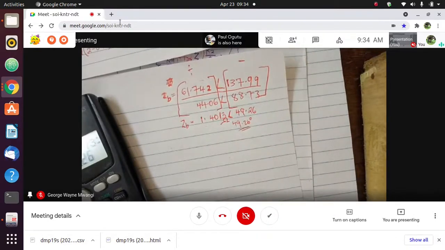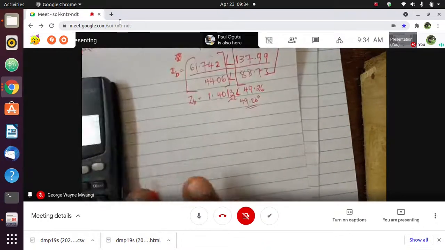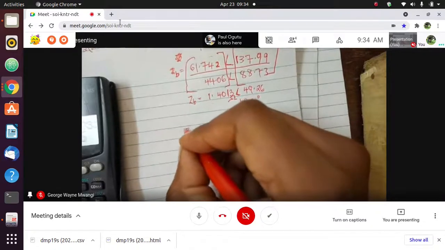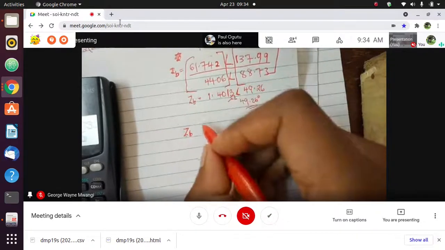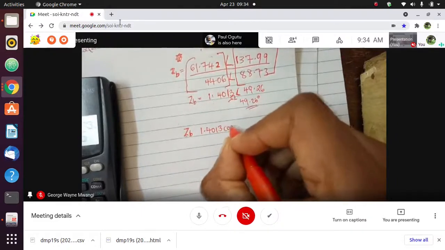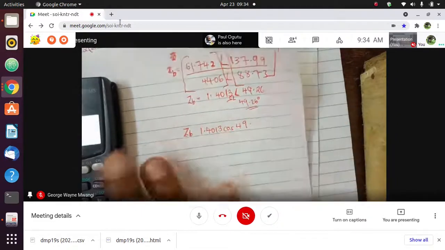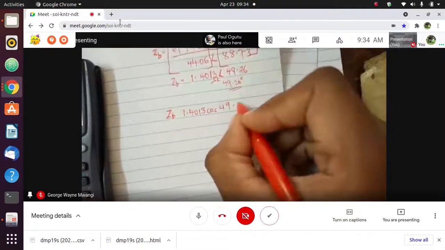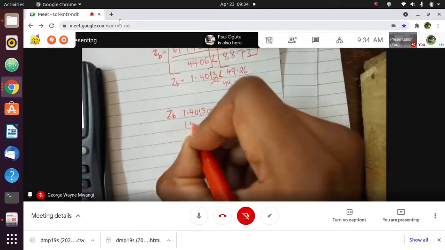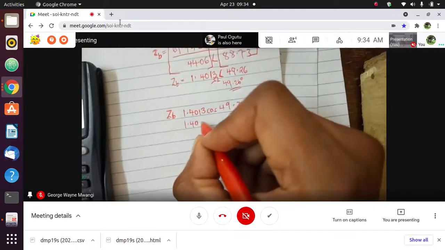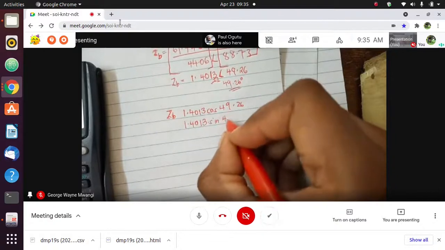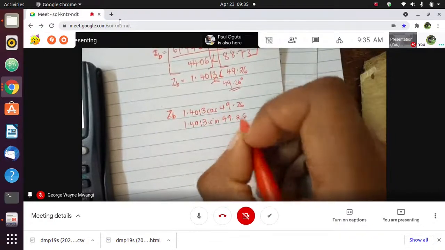Now how do we convert it back to complex form? To get the real part, we take 1.4013 cos of this angle 49.26, and to get the imaginary part, it's 1.4013 sine of the angle 49.26.